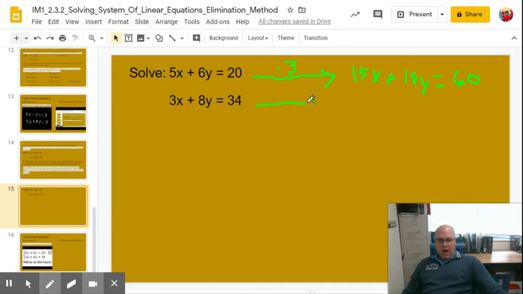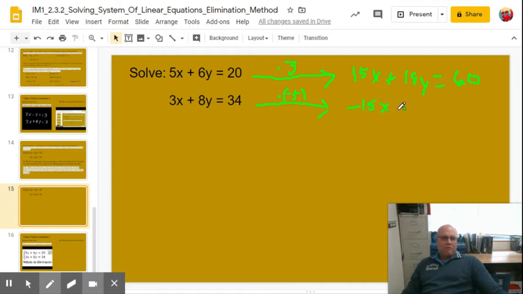All right, the bottom equation, be careful again. We want this to be negative 15x now, right? So I multiply by negative 5. All right, so 3x times negative 5 is negative 15x.